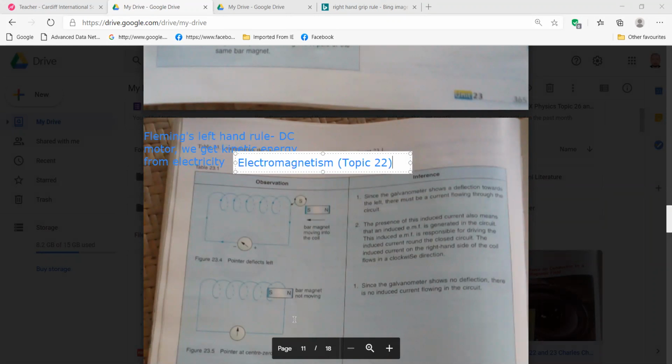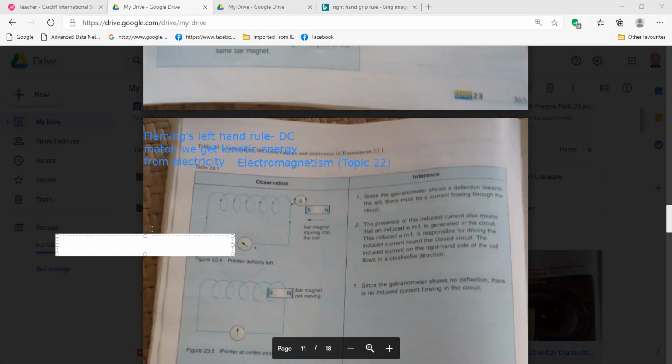So this is for Fleming's left hand rule. Now we are doing Fleming's right hand rule.